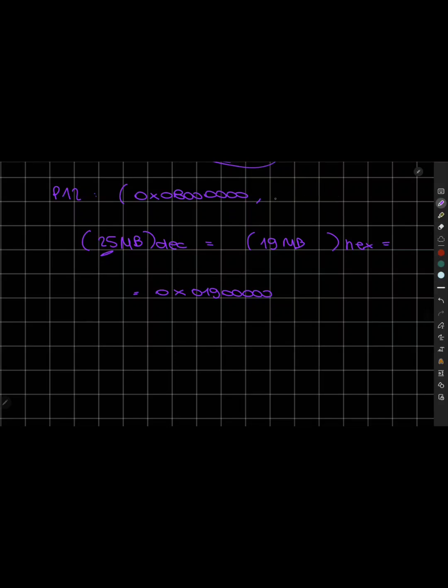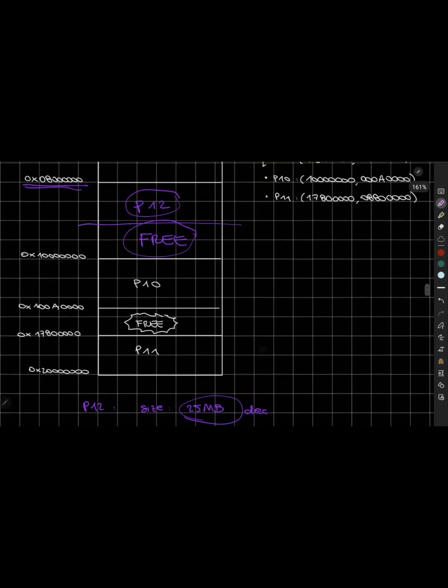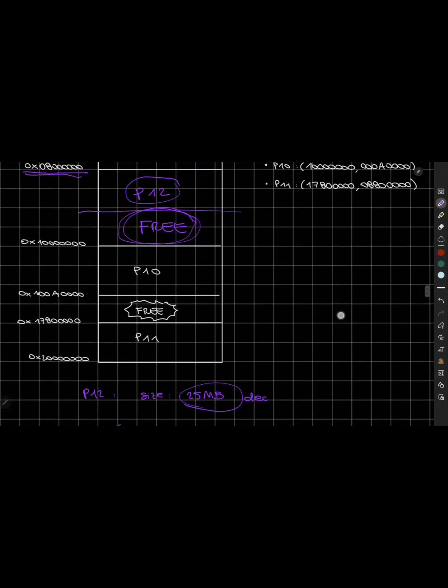We can write it here. All right, so let's now find the informations for our free block here. We don't know the starting address, and we also don't know the size.